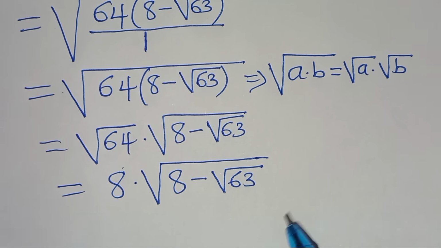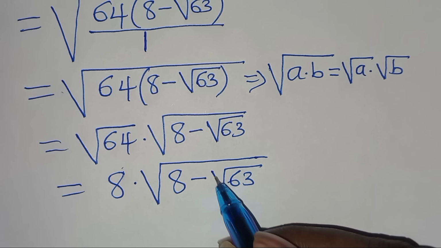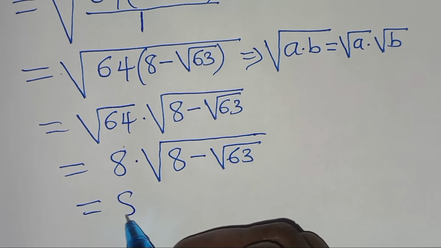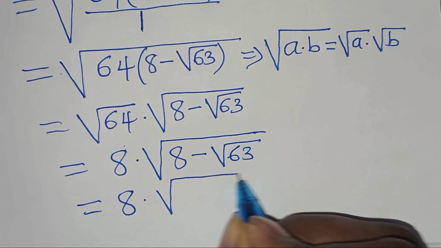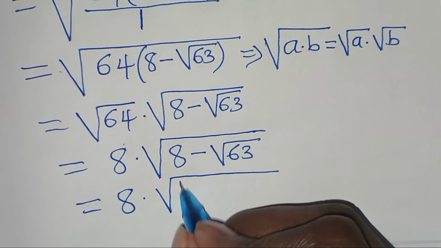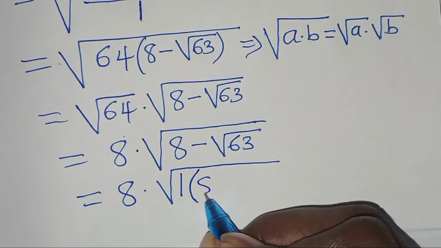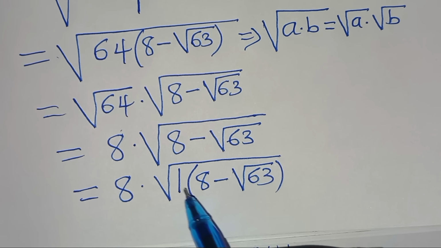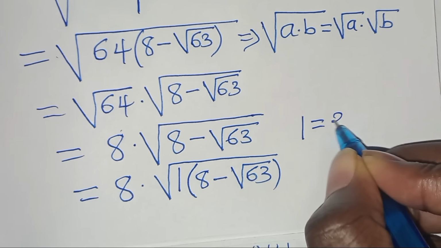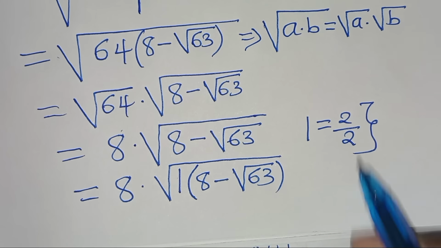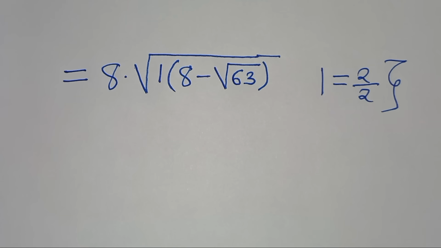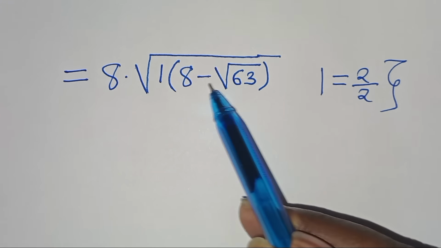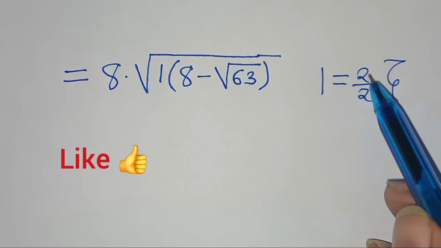Now, the next step: we have 8 minus square root of 63. Since 1 is common here, we can factor out 1 so that we have 1 times 8 minus square root of 63, and we can express 1 as 2 over 2.